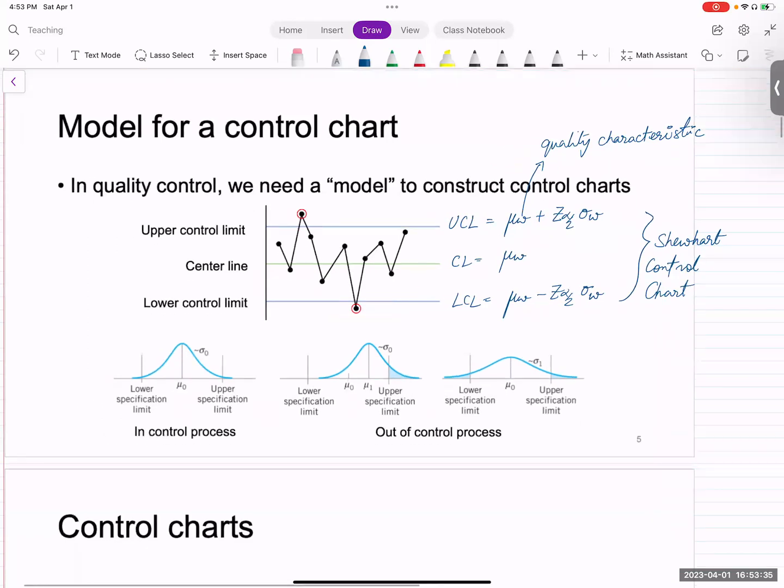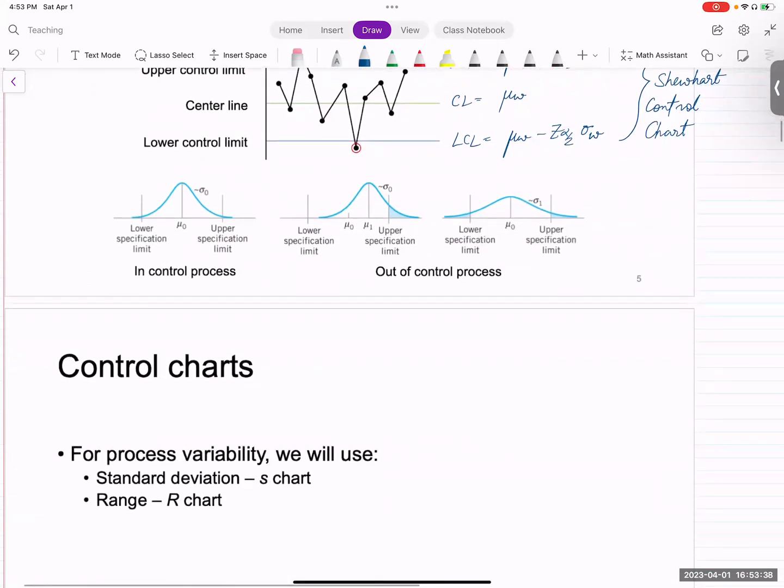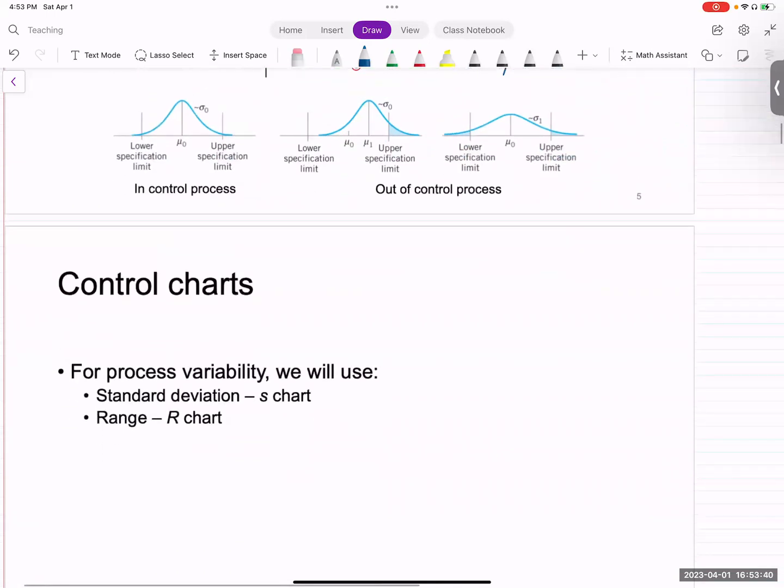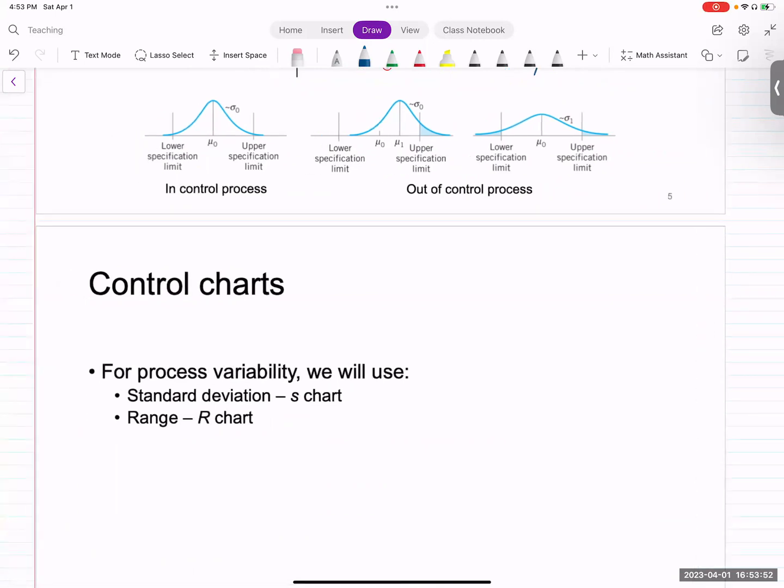Given that, we also looked at another thing, that whenever a process goes out of control, it can go out of control either as a result of a shift in the process mean or as a result of a shift in the process standard deviation. So whenever we develop control charts, we look at process mean and process standard deviation side by side. So the first one is you will have a control chart for monitoring shifts in process mean.